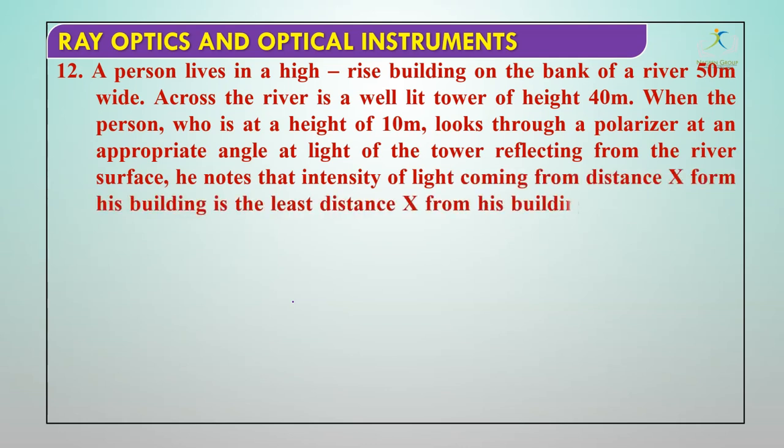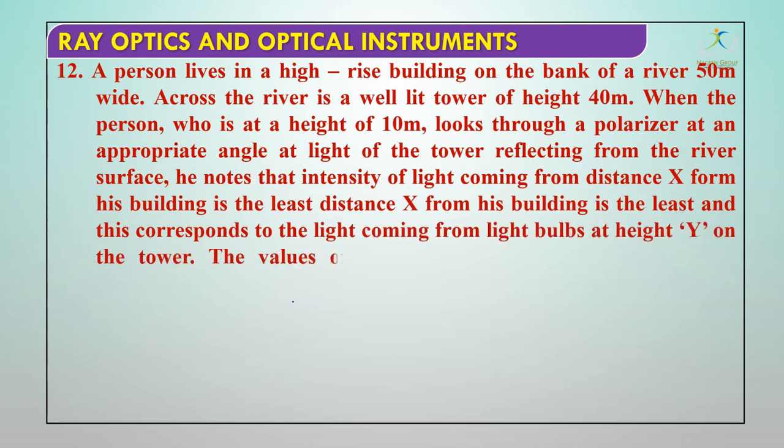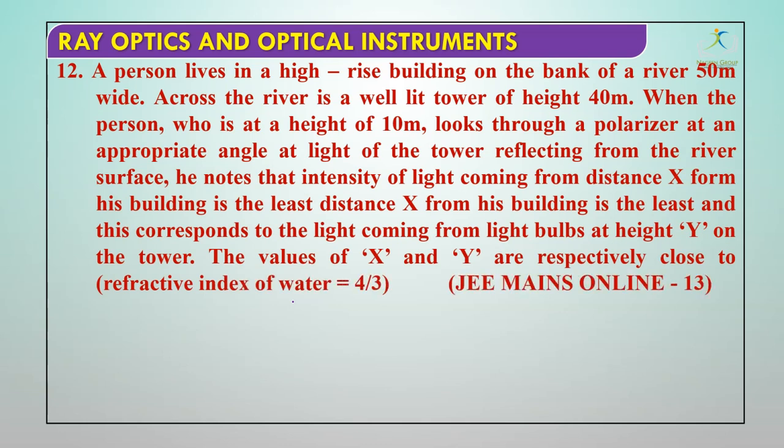When the person, who is at a height of 10 meter, looks through a polarizer at an appropriate angle at light from the tower reflecting from the river surface, he notes that the intensity of the light coming from a distance x from his building is the least, corresponding to the light coming from a bulb at height y on the tower.